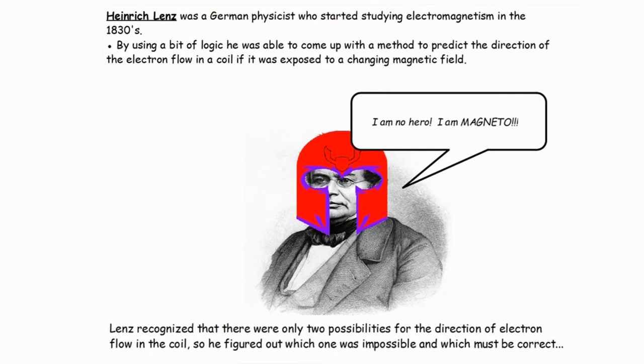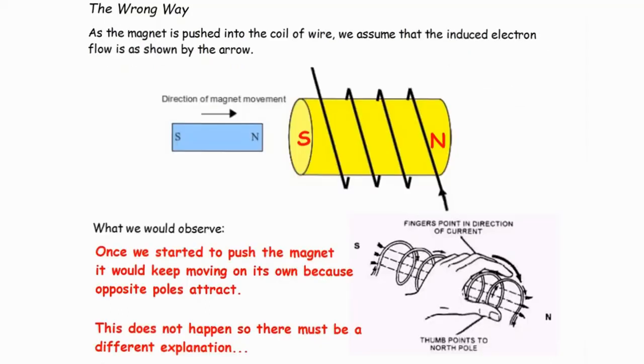Now, Lenz was the first guy who did this. He used a bit of logic to determine what was actually happening, because there are really two ways that it could work. This is the wrong way, so this is not what happens. But if we think about this situation, if this magnet goes in here, there's Fa. If Fm does not oppose that, you'll notice we have a north and a south pole, so that is an attractive force.